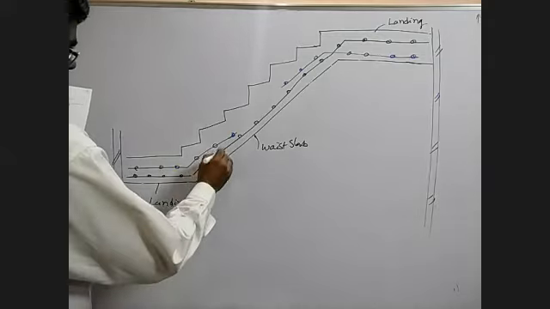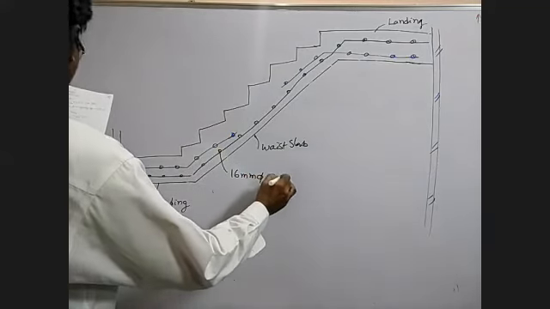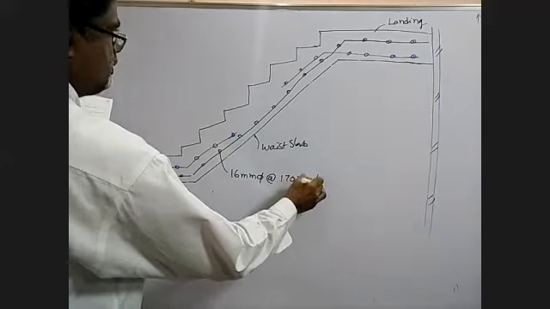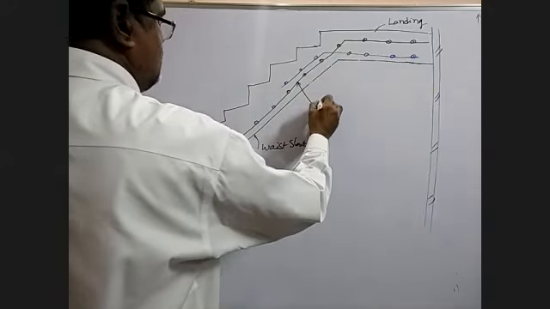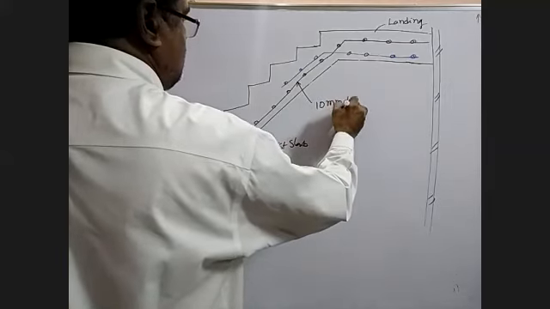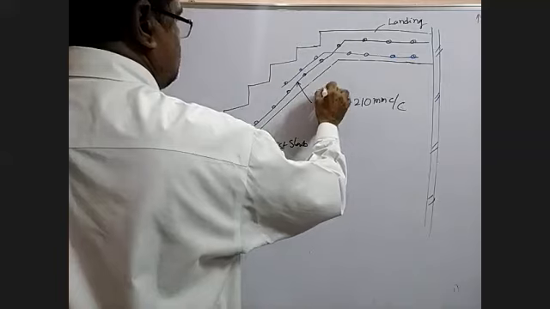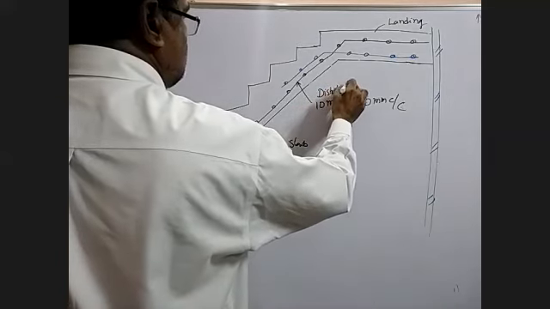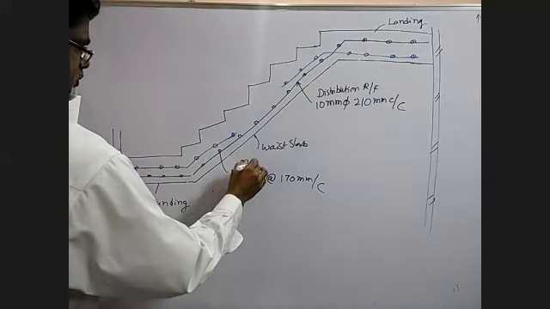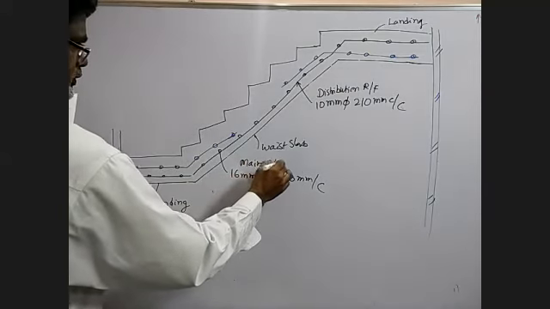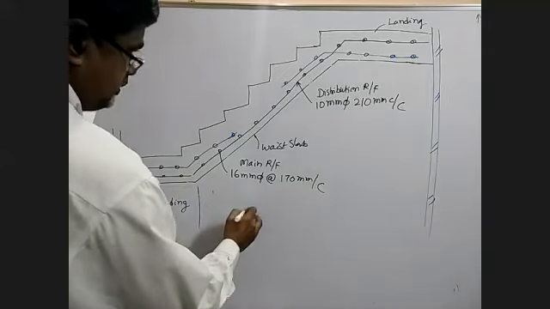This is the main reinforcement, 16 mm bars at 170 mm center to center. And this is the distribution reinforcement, 10 mm bars at 210 mm center to center. This is main reinforcement. The span here is 3.3 meters.